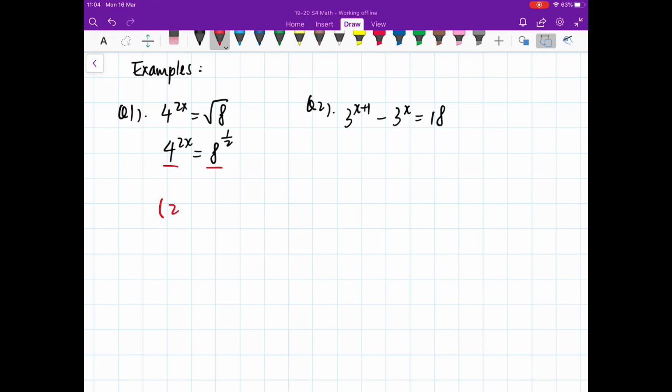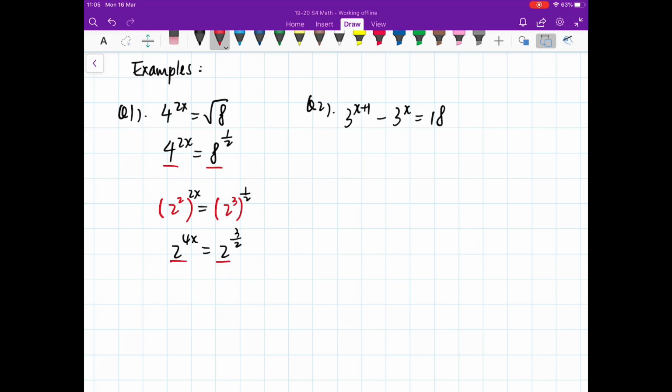Okay, so for 4, we can change it into 2 to the power 2. And for 8, we can change it into 2 to the power 3. And therefore, both sides, now we have the common base 2. And don't forget the 2x and the 1 over 2 outside. Then we can use the laws of index to simplify both sides, so that for the left hand side it will become 2 to the power 4x, and for the right hand side it will become 2 to the power 3 over 2.